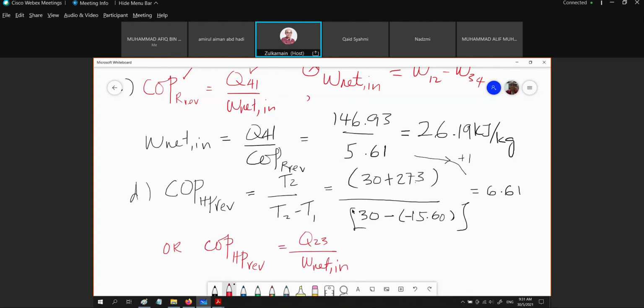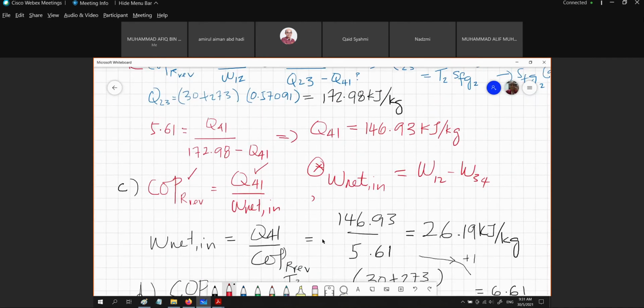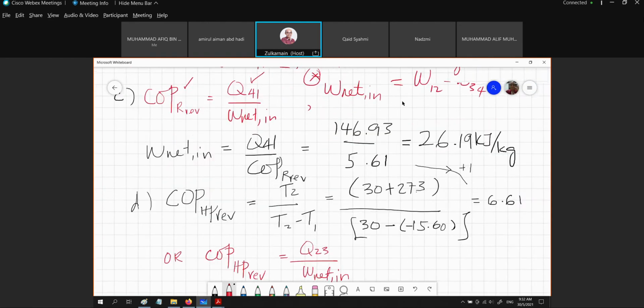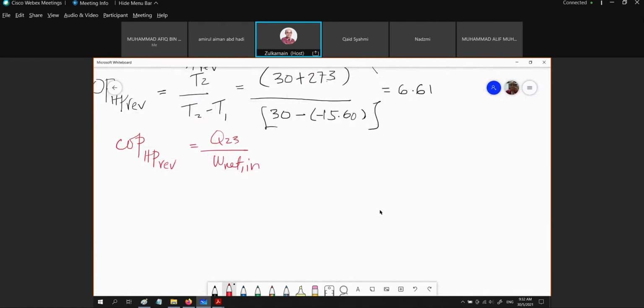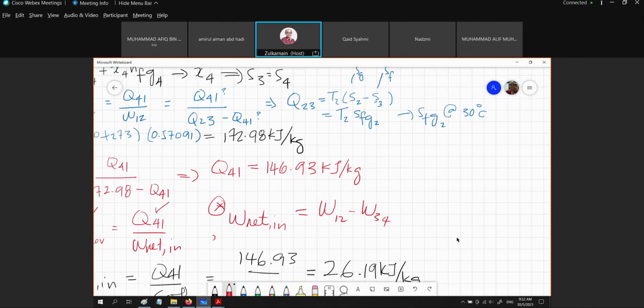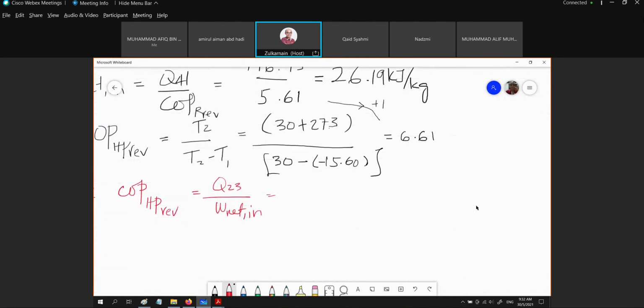So maybe you can use this formula to get the COP heat pump. Q23 is 172.98. I just mentioned it just now. Q23 is 172.98, divided by the W in, just now we got 26.19.